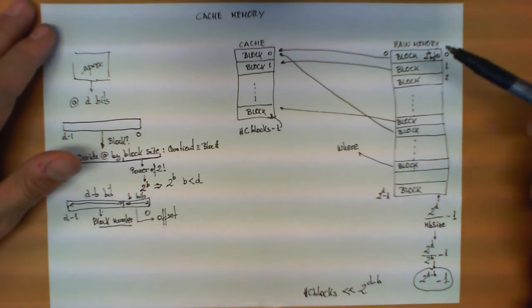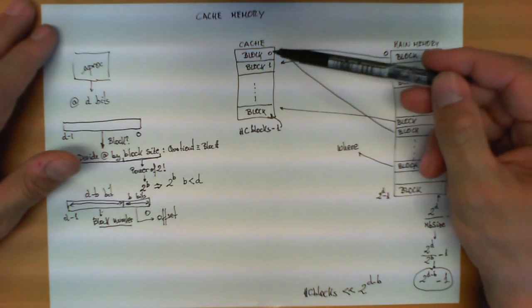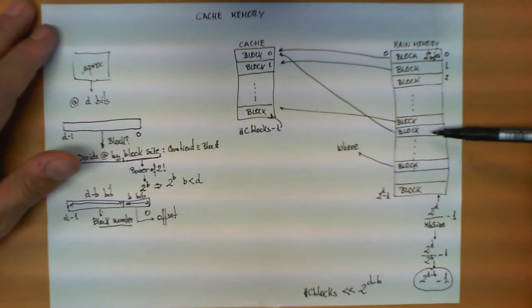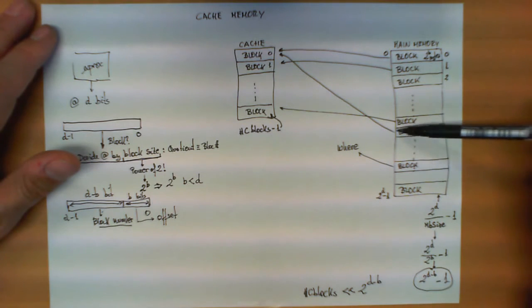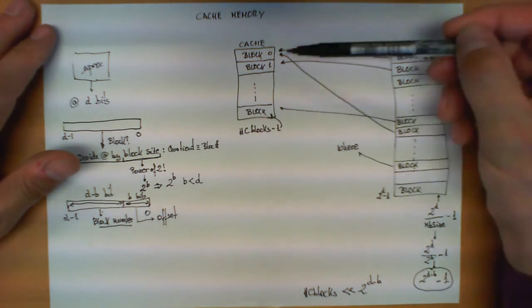If we look carefully at the type of mapping that we're doing here, blocks 0, 1, 2 all the way to the number of blocks minus 1 are stored in these consecutive positions, and the block number C blocks, the block with number equal to the number of blocks in my cache, will go back to be stored here.